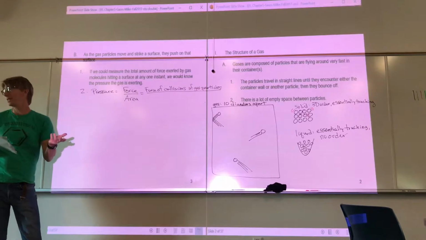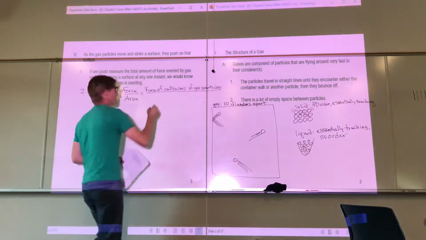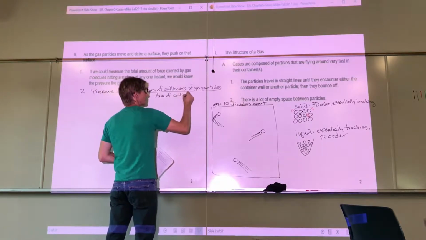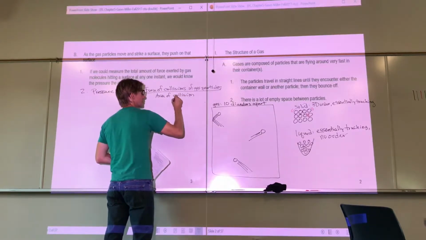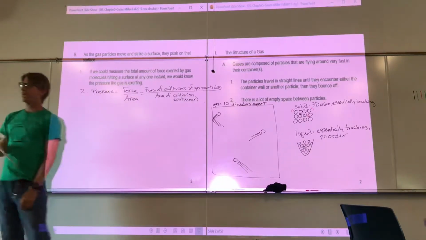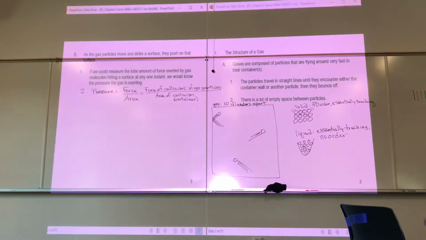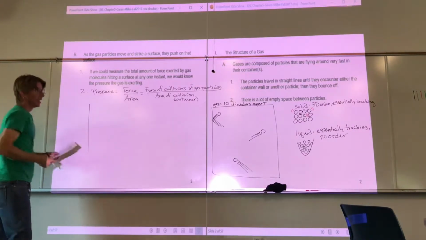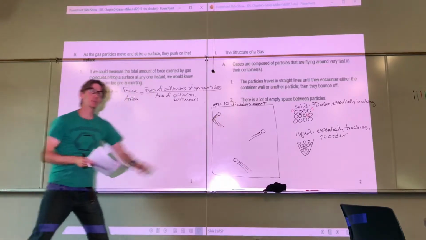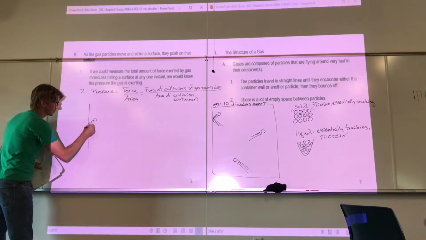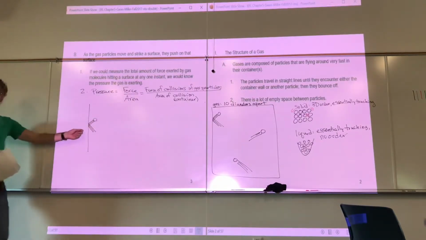And oftentimes that'll be the area of the container. So the area of collision or the area of the container. And so when I draw a gas particle colliding with a wall, in a very real way, that is what creates pressure.